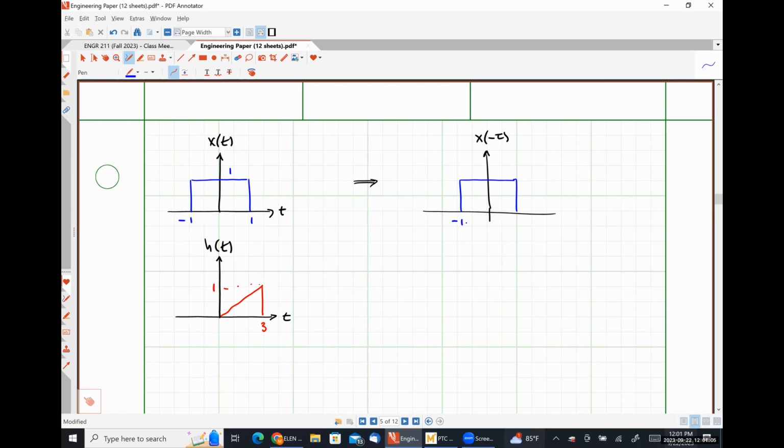So here is -1, +1, 0. Okay, so let's convolve this bad boy.